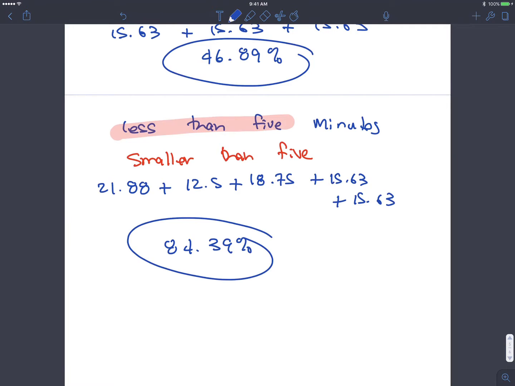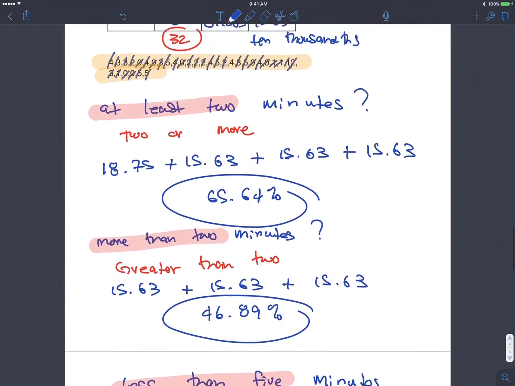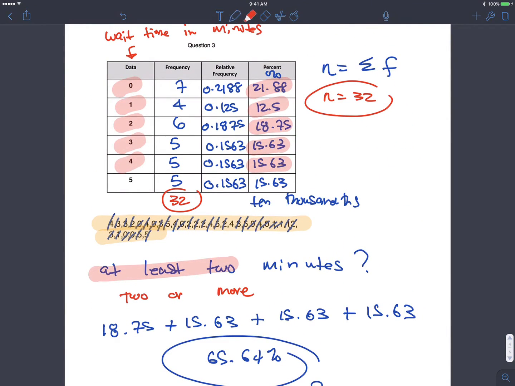Okay, what's the next question? Actually, let's go back and note something important. I want to point out on this homework that what we could have done is taken the 100% and simply subtracted the remaining percentage over here, 15.63%.